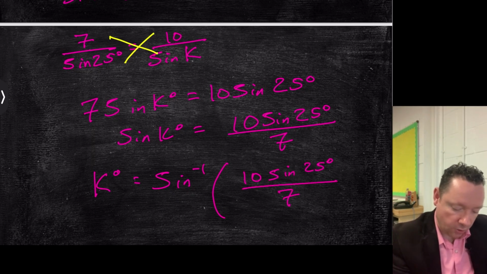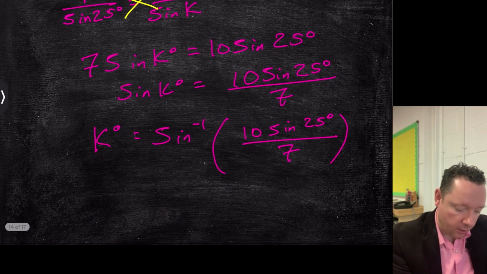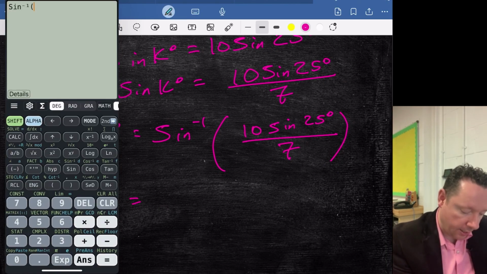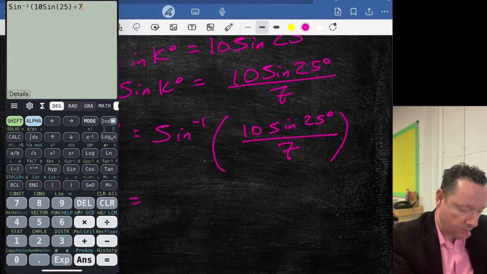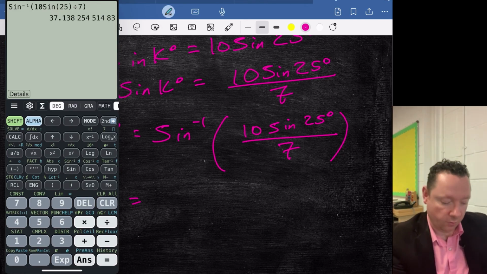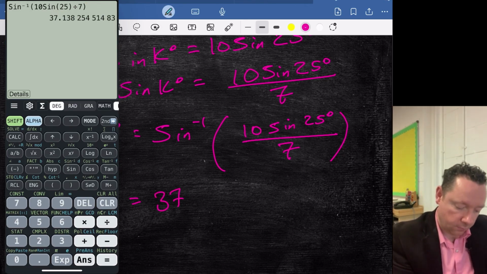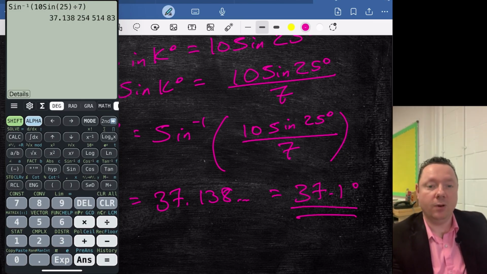And I usually like to do this straight away in the calculator. Shift, sine, open a bracket, 10 sine 25, close the bracket for the angle, divided by 7, close the bracket, 37.138. Or 37.1 degrees to one decimal place.